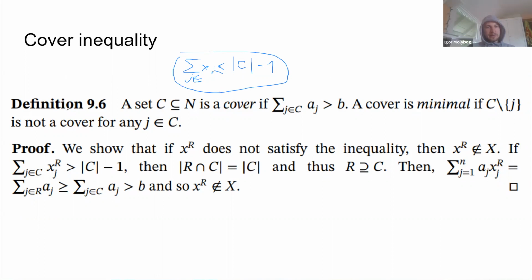Sorry, this is a proposition that should have been put instead of this definition.